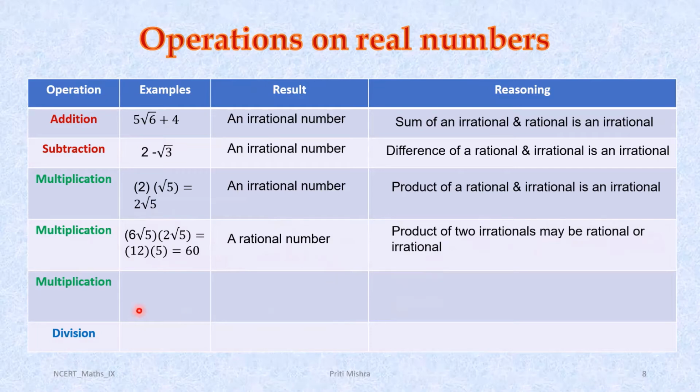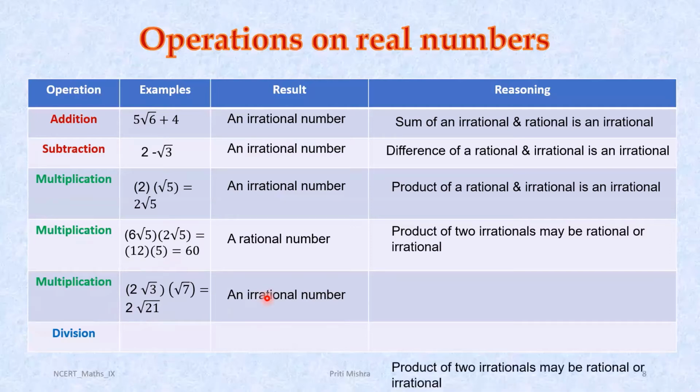Let's have another example where we can have an irrational number as result. So here we are having numbers 2 under root 3 and under root 7. Both are irrational numbers. And after multiplying, you can see 2 and root 3 into root 7 is under root 21. So 2 root 21, this is an irrational number. So what is the reasoning?